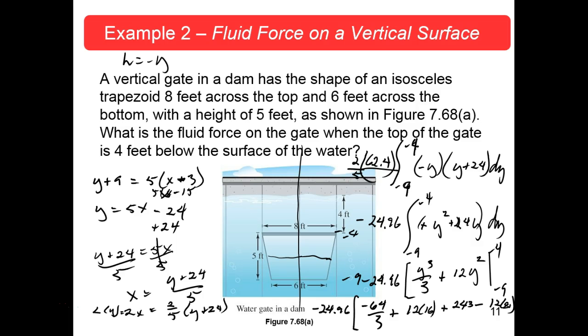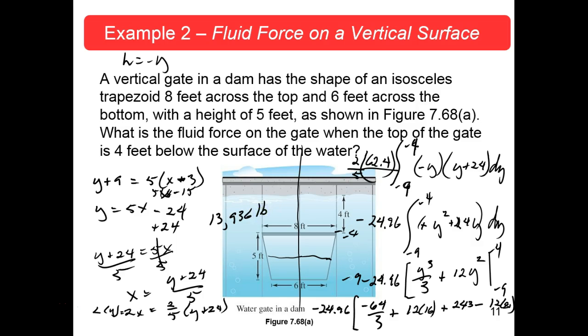It's a pretty big number. If I've done this right, it should be 13,960.96. That's exactly what they got, or close to what they got in the book, 13,936 pounds.